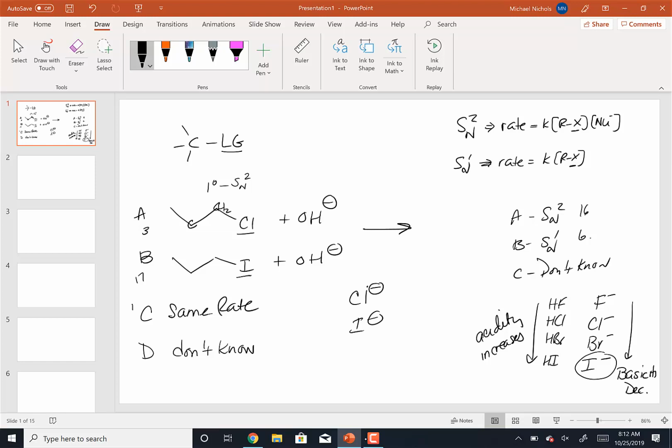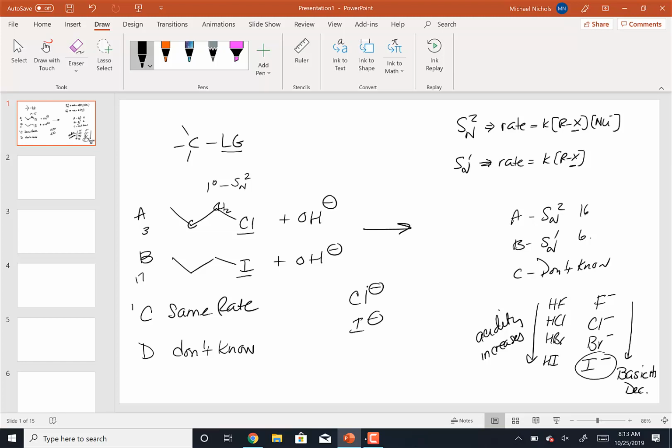So polarizability comes into play for nucleophilicity, whereas going down the periodic table, it just becomes a weaker base. So leaving group ability is based on basicity, inversely. And that's something you have to remember because we're going to use this over and over and over again. It's a basic fundamental concept.